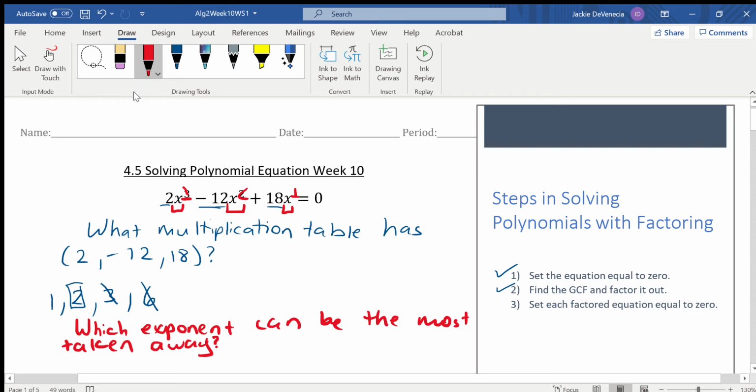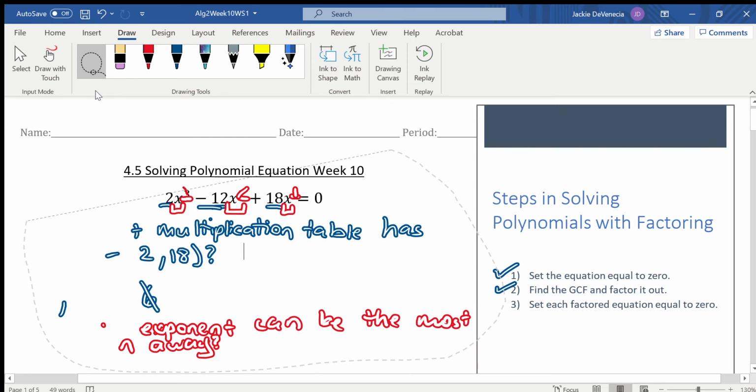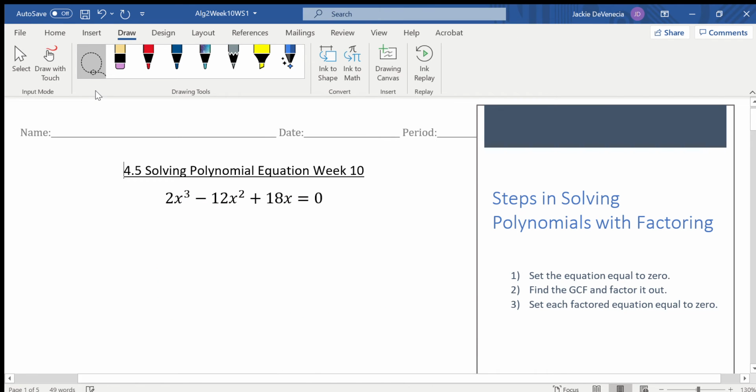So the greatest common factor that we are going to factor away from this equation is going to be 2x. Another way of seeing the exponents is what exponent goes into all 3 of these variables.